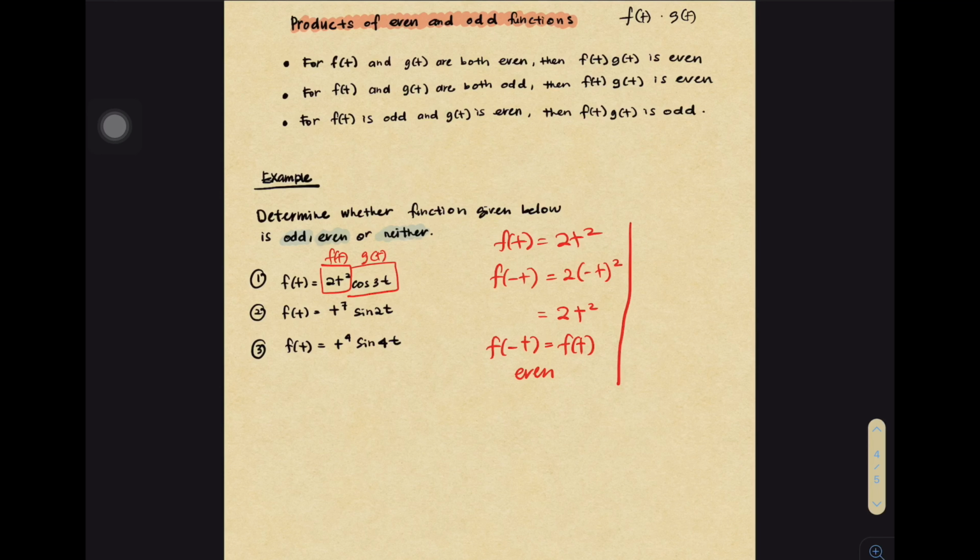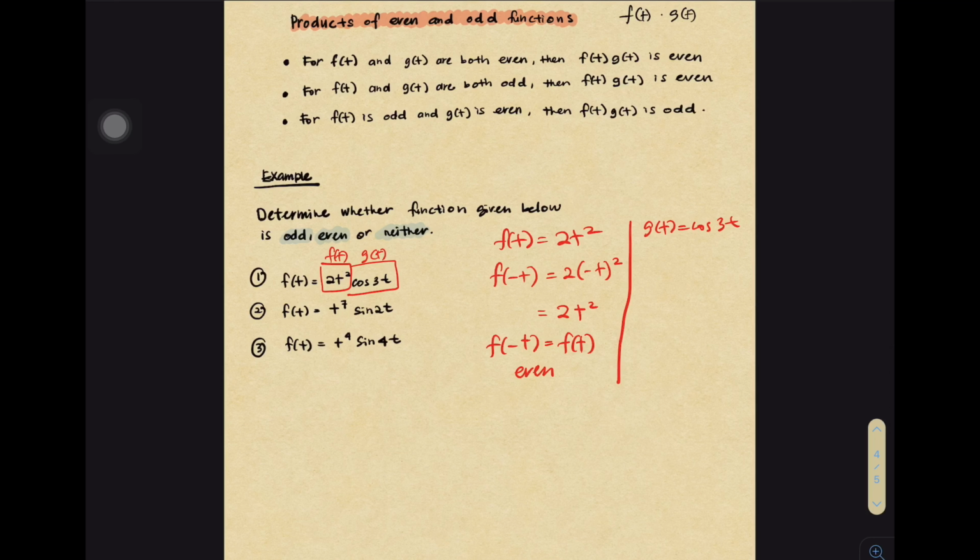Now let's check g(t), which is equal to cos 3t. So g(-t) is cos 3(-t), so you will have cos(-3t), whereby by the trigonometric identity cos of a negative is equal to cos of the positive, so this is equal to cos 3t. You can see that g(-t) is equal to g(t). Therefore, g(t) is also an even function. So when an even function is multiplied with an even function, your f(t) here is also an even function.